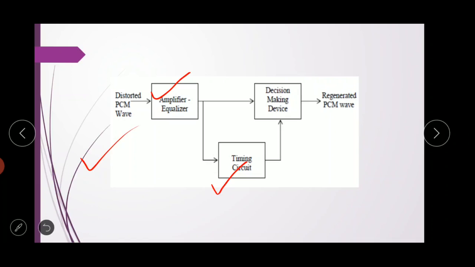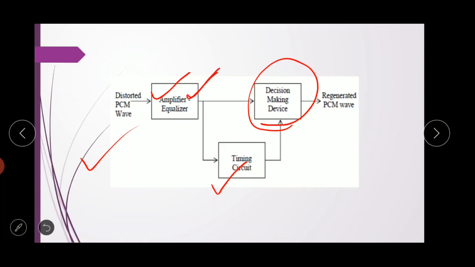The timing circuit produces a periodic pulse train which is derived from the input PCM pulses. This pulse train is then applied to the decision making device. The decision making device uses this pulse train for sampling the equalized PCM pulses.